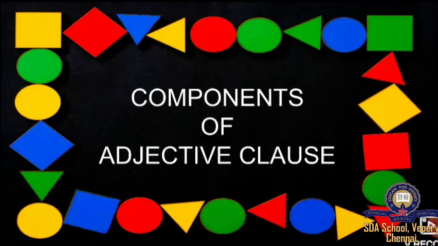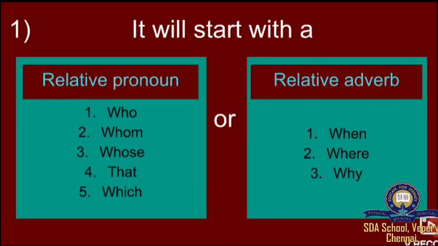So let's see what are the components of an adjective clause, or in short, what is needed to make a full adjective clause. So the first one is, an adjective clause will start with a relative pronoun or a relative adverb. So what is a relative pronoun? They are who, whom, whose, that and which.